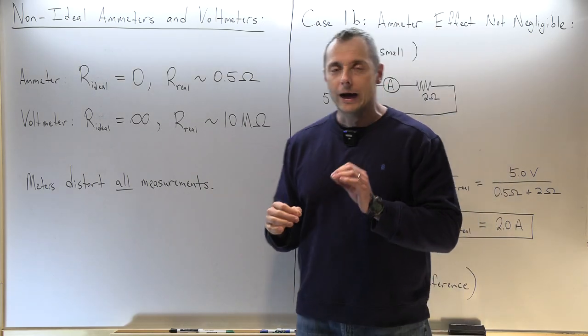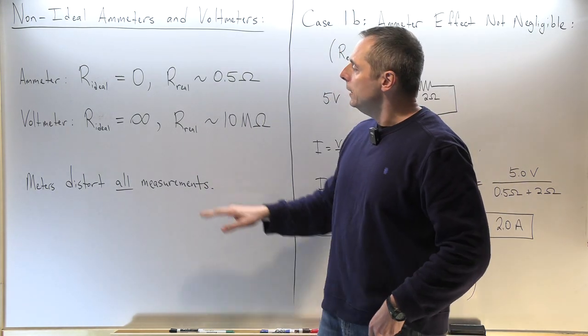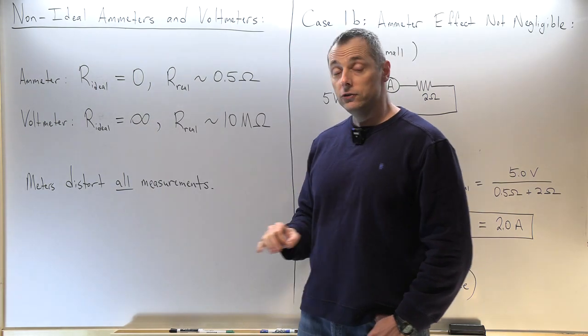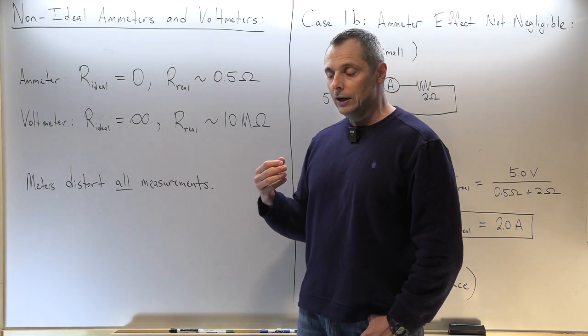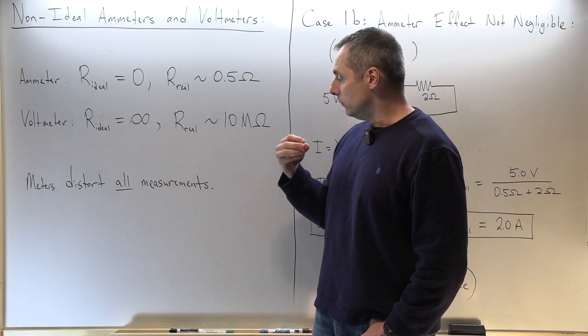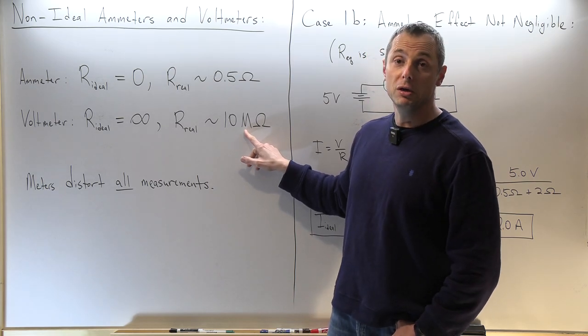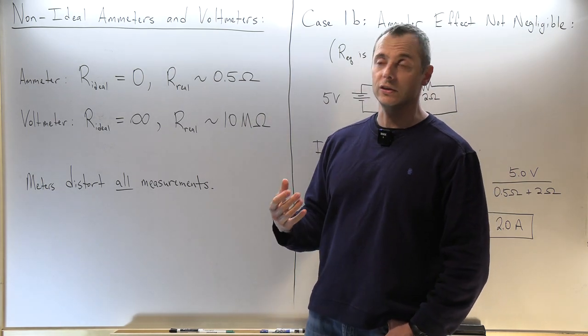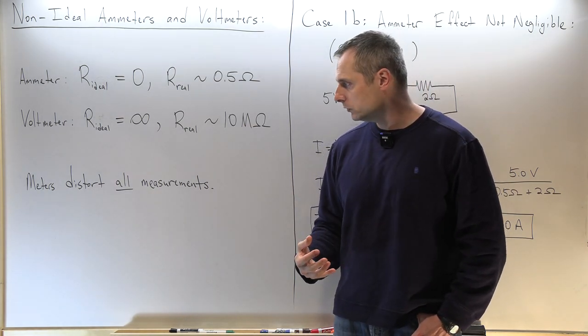And the voltmeter, ideally, when you put the probes on, you're hoping that the resistance of the voltmeter is infinity, but it's not. In real life, the resistance might be somewhere around 10 MΩ. This is mega, meaning million. So 10 times 10 to the 6th, 6 zeros after the 10, that many ohms, 10 million ohms.